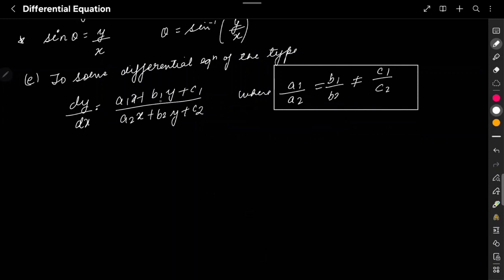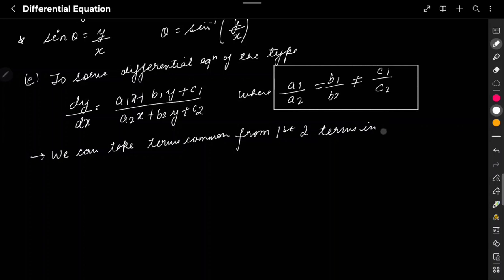If this condition holds true, we can basically take common. The ratio of a1 upon a2 and b1 upon b2 are equal, so we can take terms common from the first two terms in both equations, in numerator and denominator, and solve further.